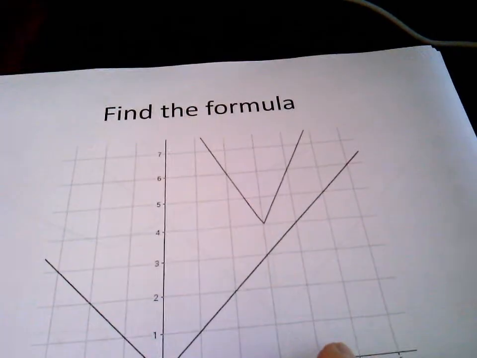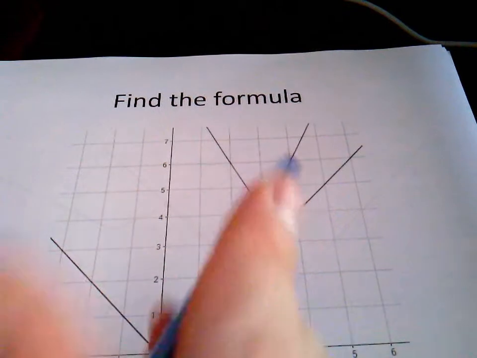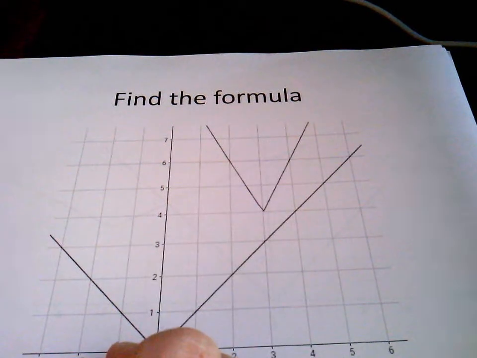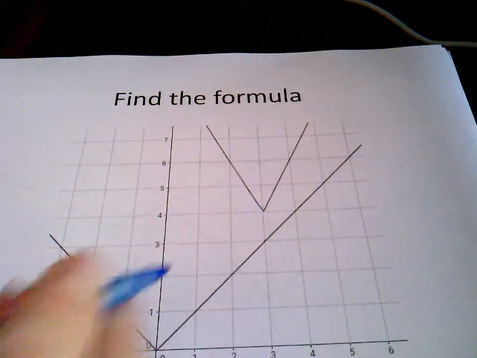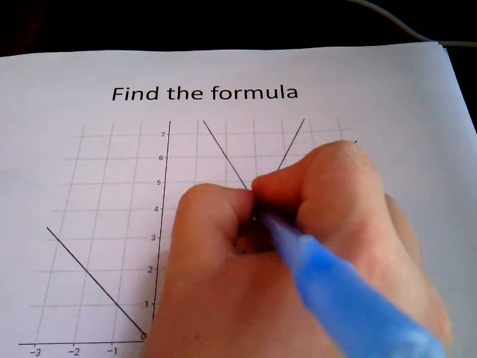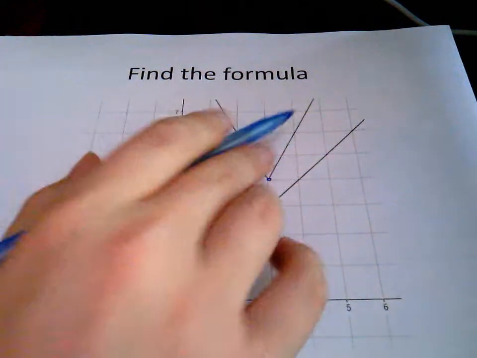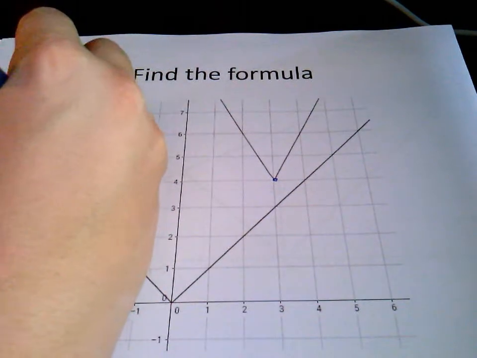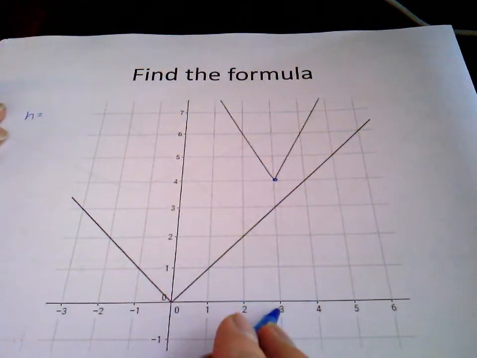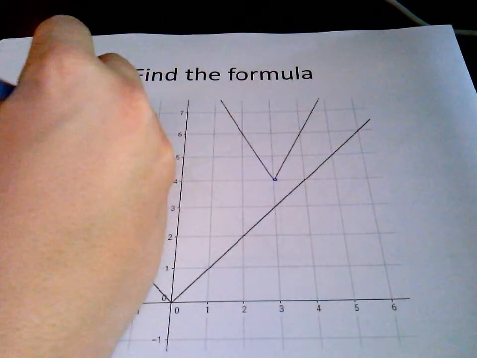So we're going to look at this first one. As you can see, this is the parent function because it started at 0, 0. This one right here is what we're looking at. And the dot I just made is called the vertex. It's where the two lines meet. So first we're going to find our h, meaning the x value. Well, the x value is 3, so we're going to write 3 down.